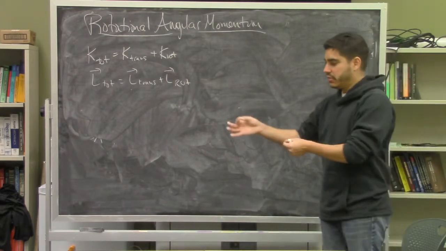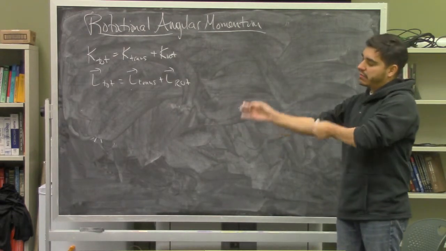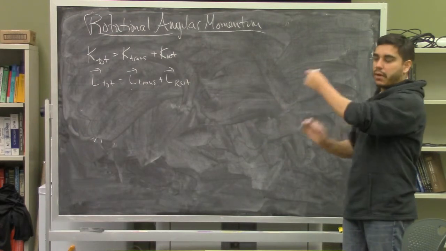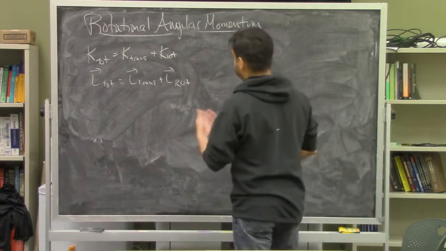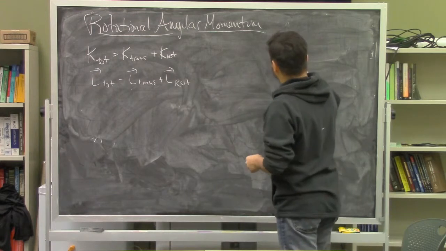And the rotational bit has to do with a set of objects collectively rotating about an axis. So let's take an example where we only have rotational angular momentum.